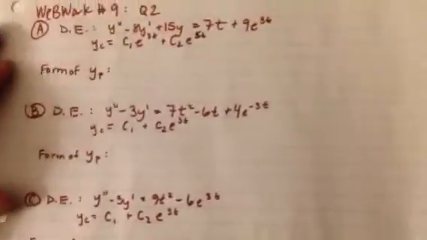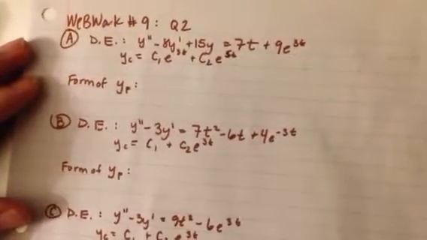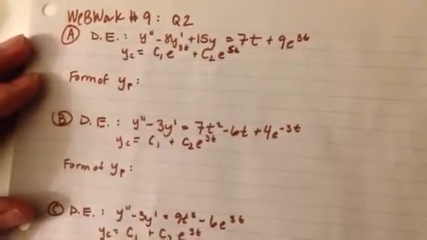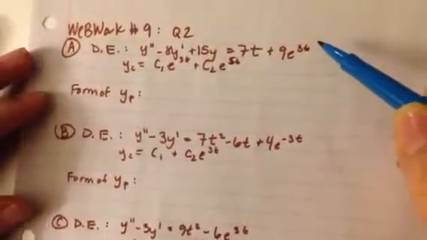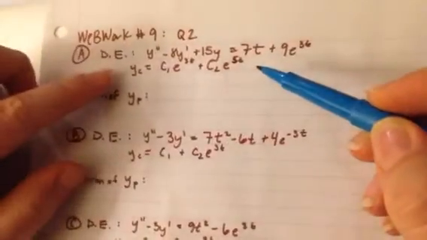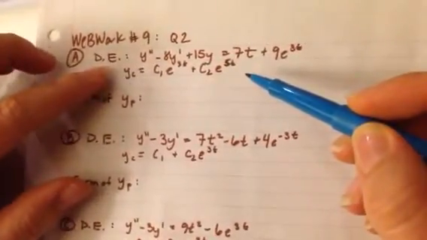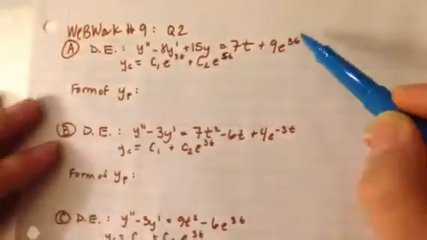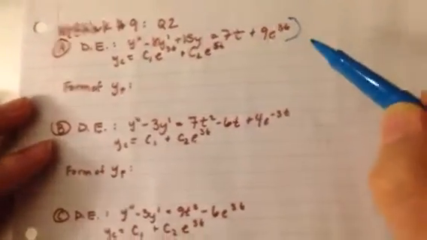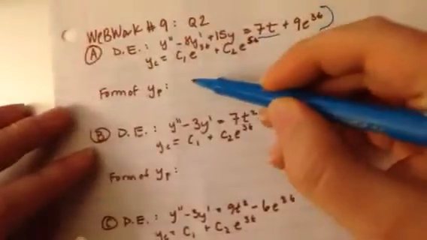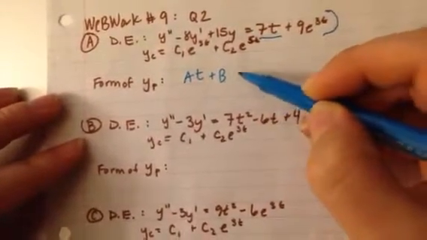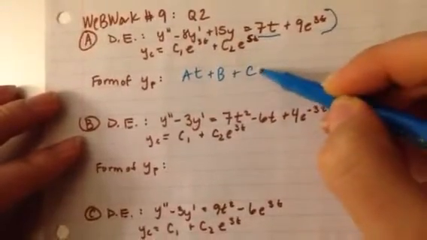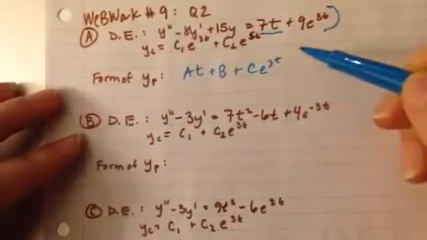So for the first one, we have y double prime minus 8y prime plus 15y equals 7t plus 9e to the 3t. And then we have our yc here. The first thing we're going to look at is our g of x. With this term, it's going to be at plus b, which is our extra term there, plus c e to the 3t.